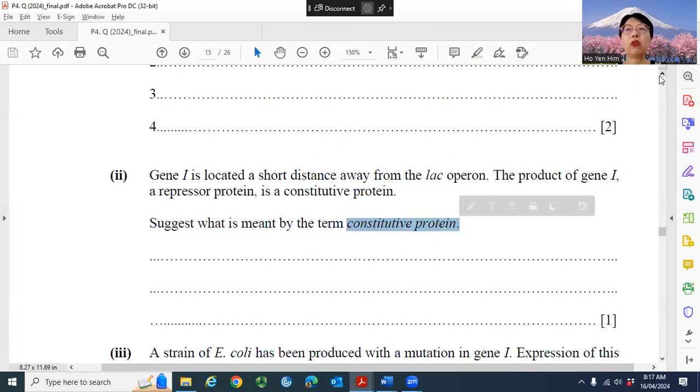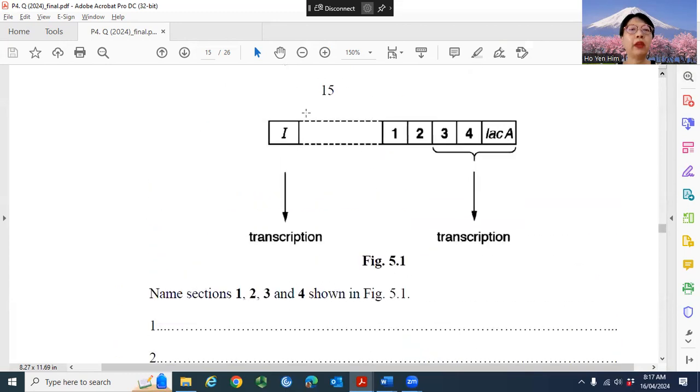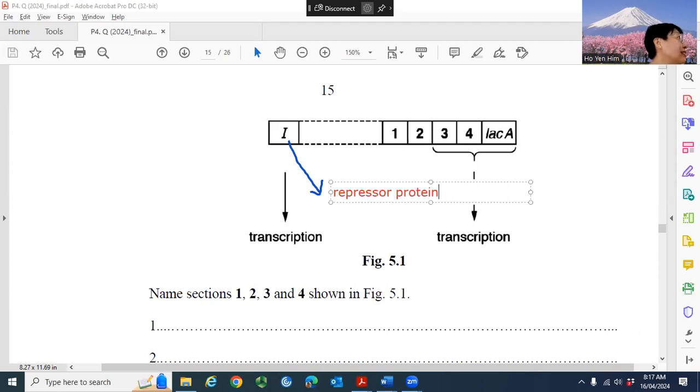So you learned before, when you learned lac operon, this gene will code for a repressor protein. They will always be synthesized. And this repressor protein, when synthesized, will bind to the operator, and therefore it blocks this region so the RNA polymerase cannot bind.